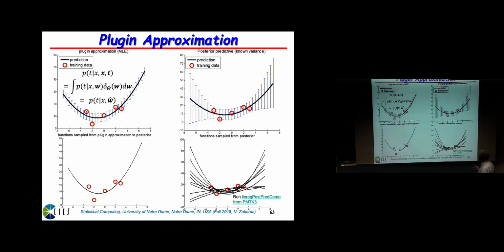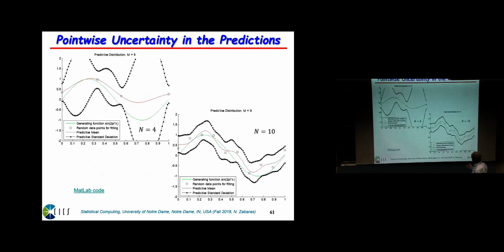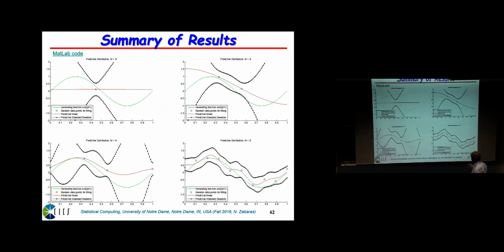One point that I want to make: when you plot the predictive uncertainty like this, you don't actually capture how the responses at 2 points are correlated. So these error bars don't capture correlations. They're point-wise uncertainties.